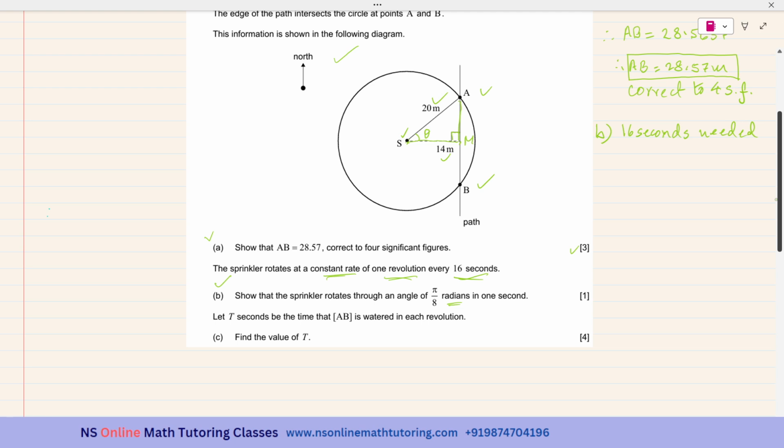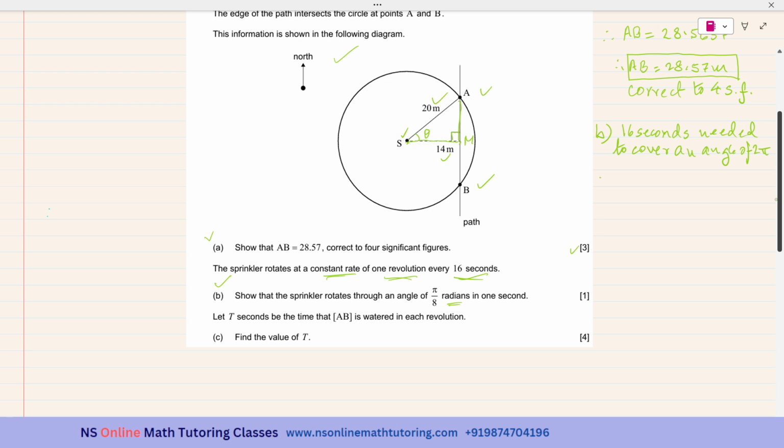You don't have to write these sentences for just a single mark. I know you will not be writing and it is not required. I am just writing these for the purpose of explanation. 16 seconds needed to cover an angle of 2 pi. If I don't write the units, it will be taken as radians. So cover an angle of 2 pi. Okay.